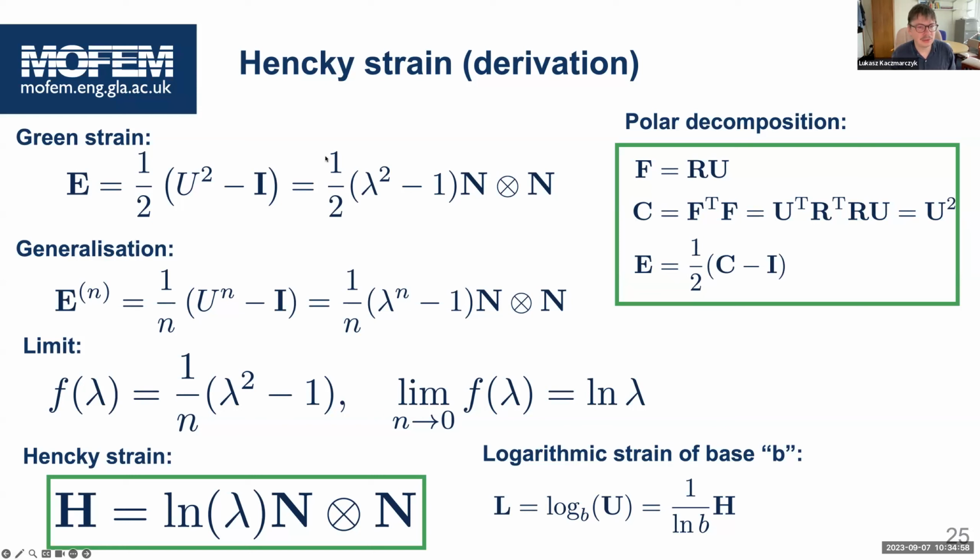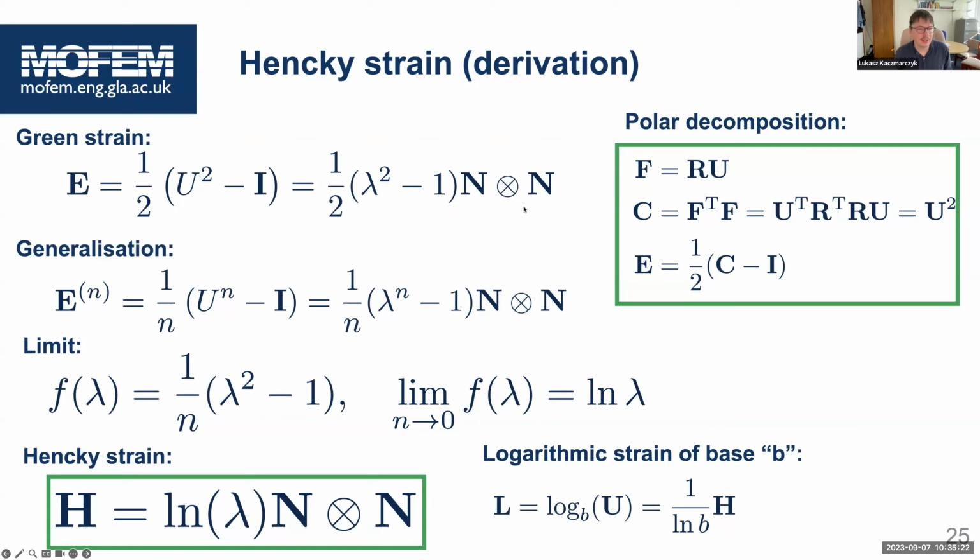Because U is a symmetric and positive definite matrix, you can calculate the eigenvalues, which are real values over here, and these are the eigenvectors. Then the Green strain in eigen form can be expressed as you can see over here.